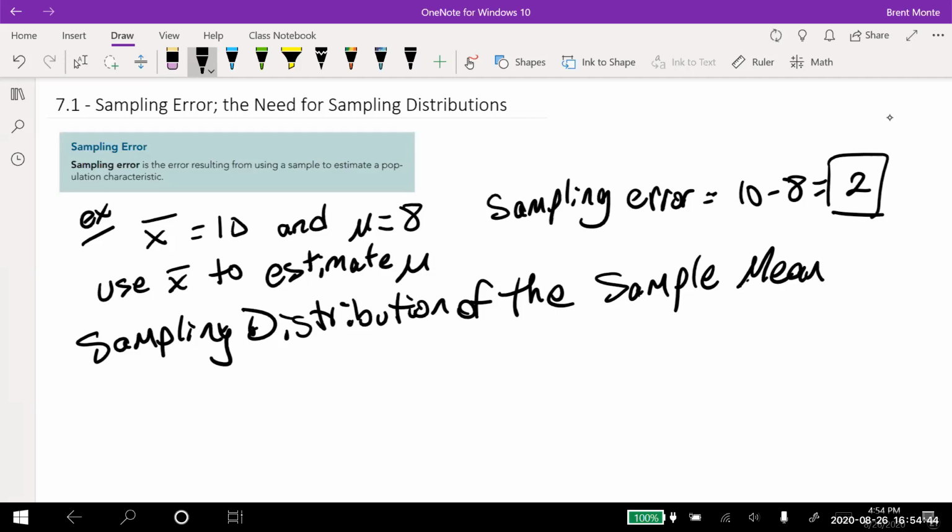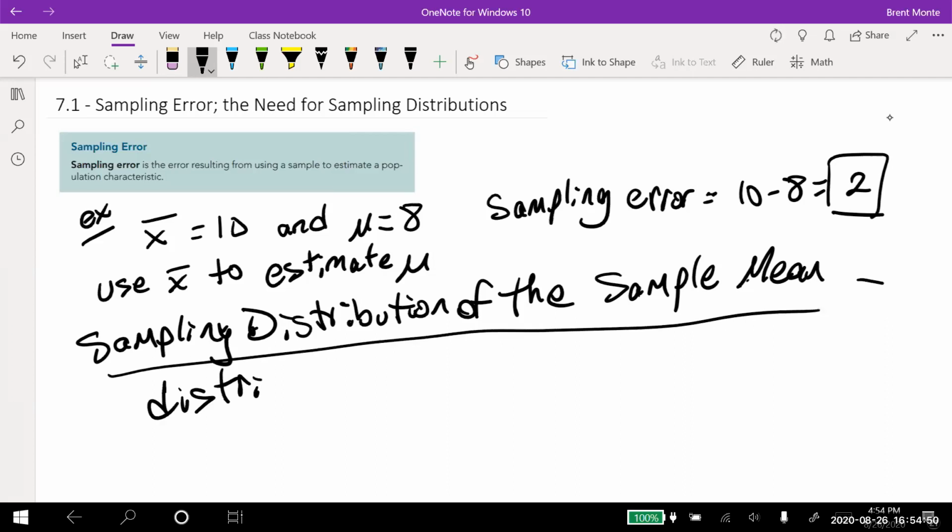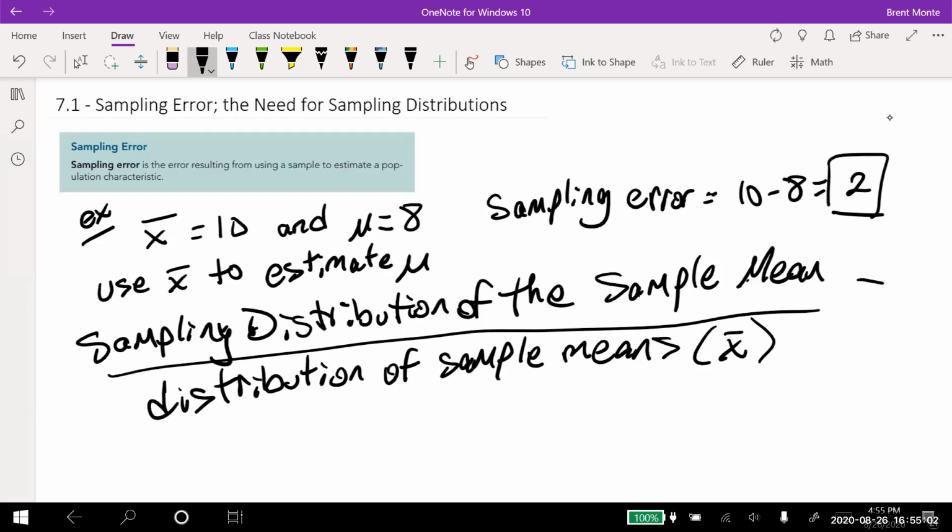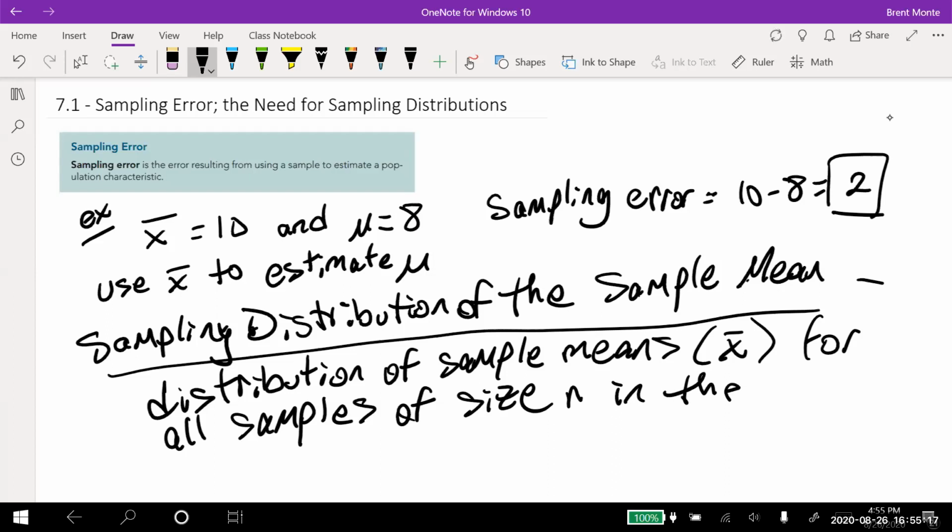And what this represents, it's the distribution of sample means, x bar, for all samples of size n in the population. And I know that probably sounds pretty confusing, so let me show you an example of what we're talking about.